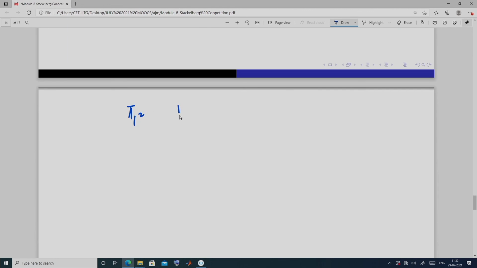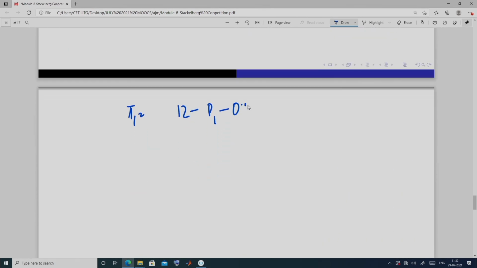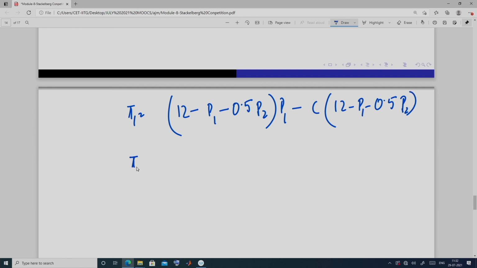Profit of Firm 1 is 12 P1, this is 0.5 P2, P1 C, it is this, and profit of Firm 2.